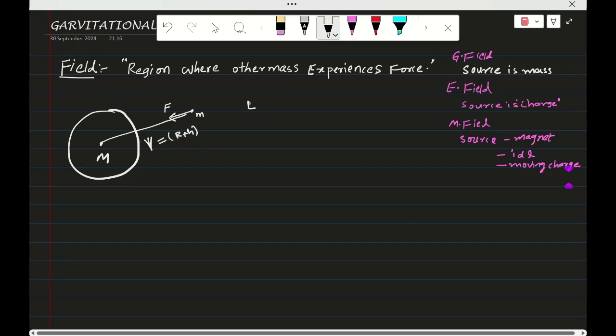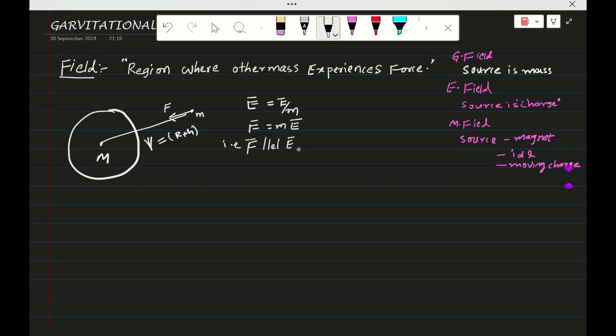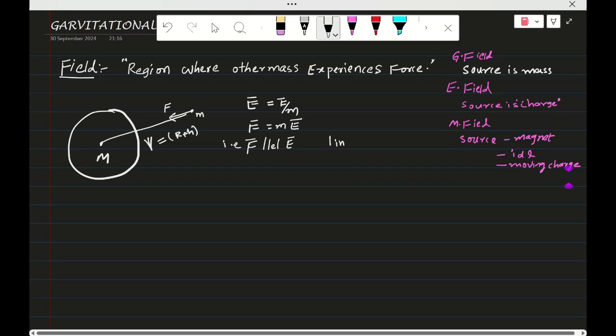Therefore, field is nothing but the force on mass. Field is a vector. Therefore, force is equal to m times E bar. That means the force on the mass m is parallel to the field. The field is parallel to the force, that means along the line joining the two masses.